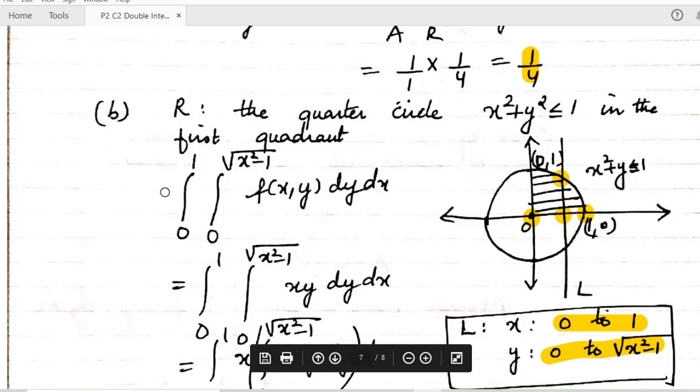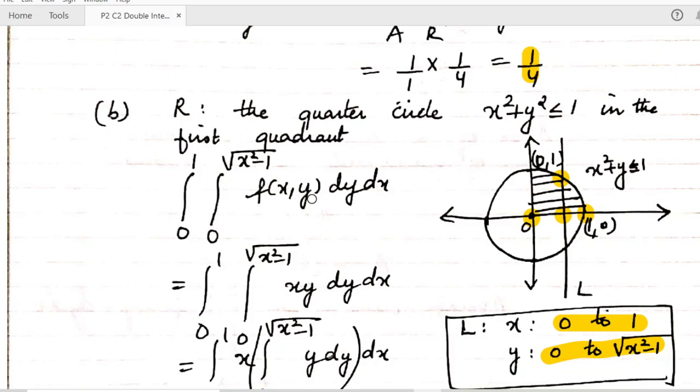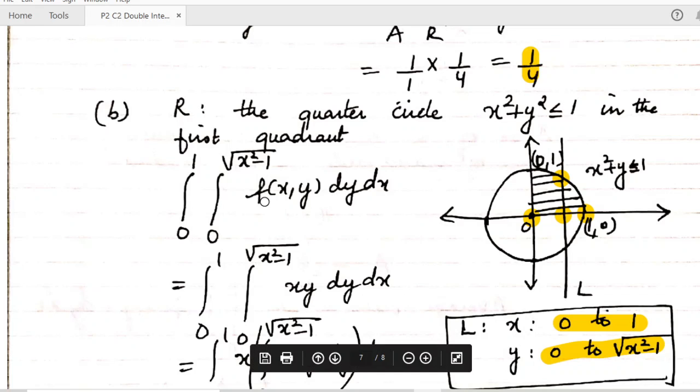So we put in our formula, double integral of f of x, y dy dx. If you are finding the double integral of dy dx, we put the limit of x first, then the limit of y. The limit of x is 0 to 1, the limit of y is from 0 to root of x square minus 1. Now, the function f of x, y is x into y.